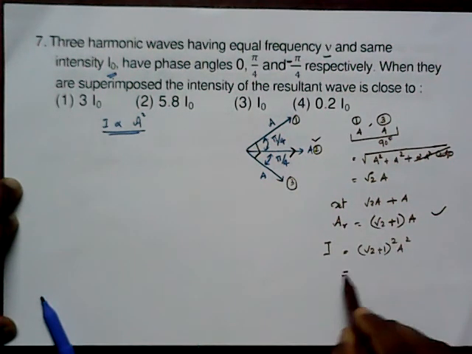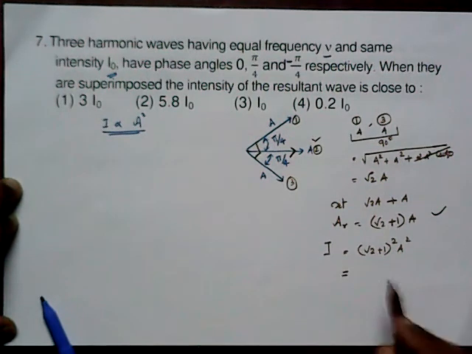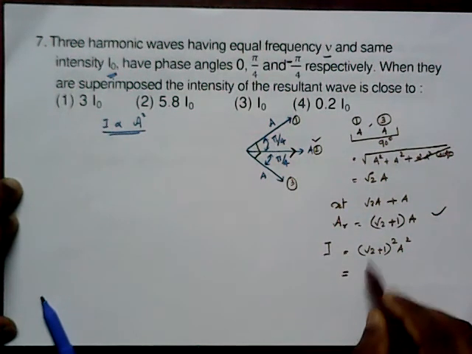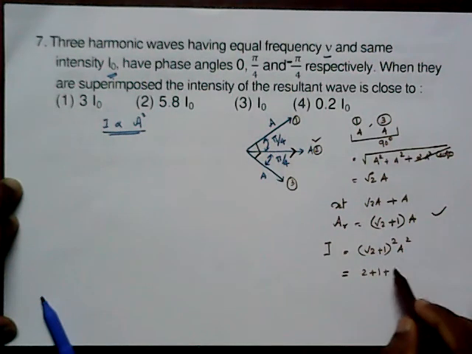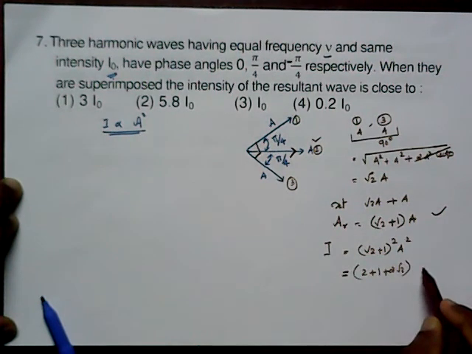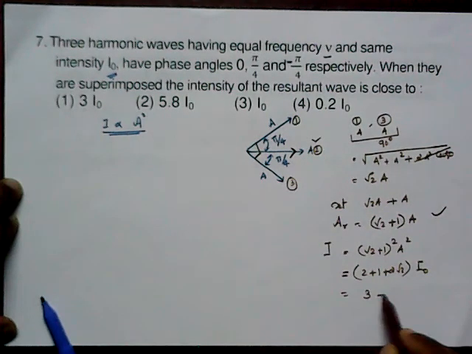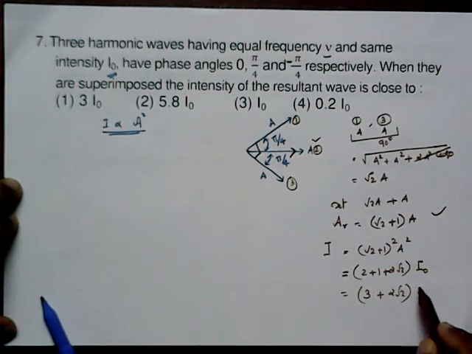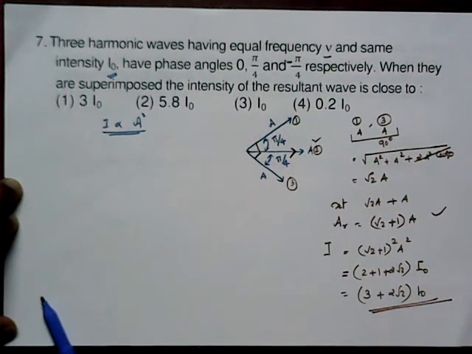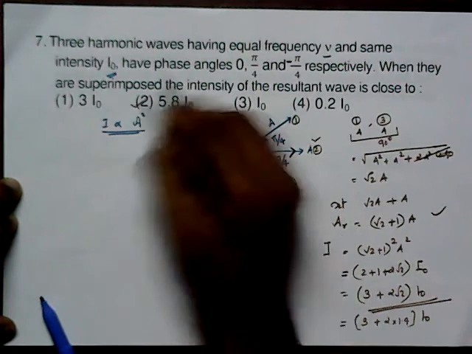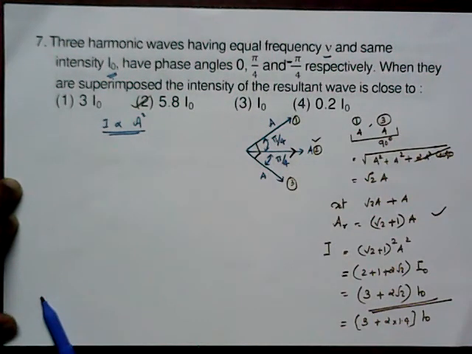Using A plus B whole square, root 2 square is 2, plus 1, plus 2 root 2 into 1, times A square as I0. So 2 plus 1 is 3 plus 2 root 2 times I0. So that is the answer. By solving, you get 3 plus 2 into 1.41 times I0, so the answer is 5.8 I0.